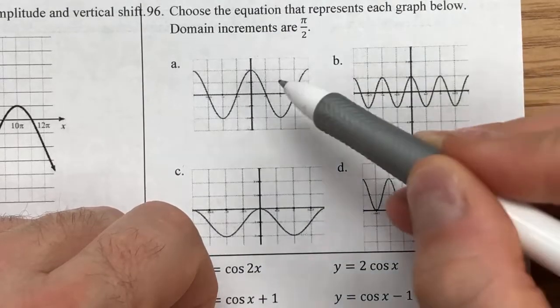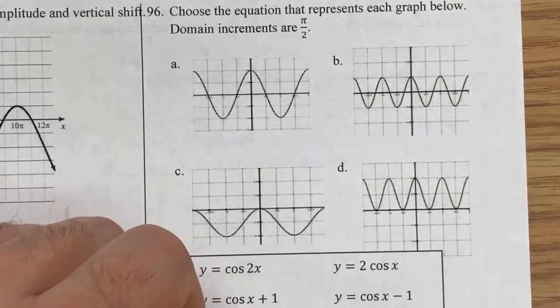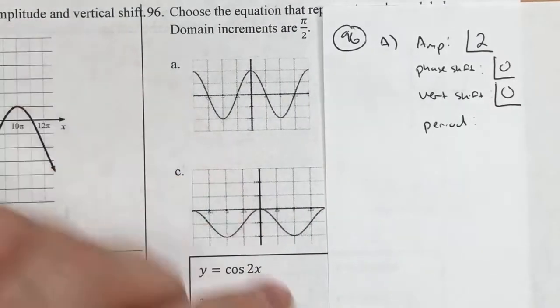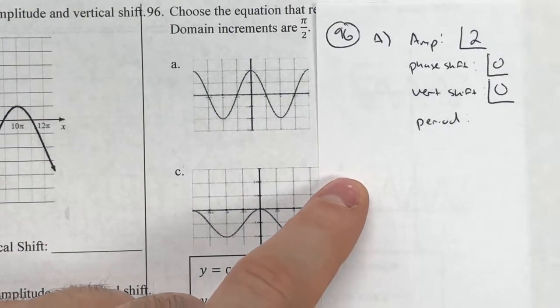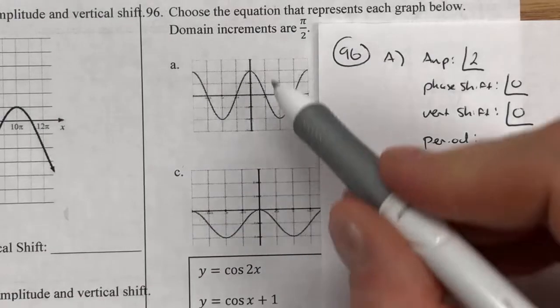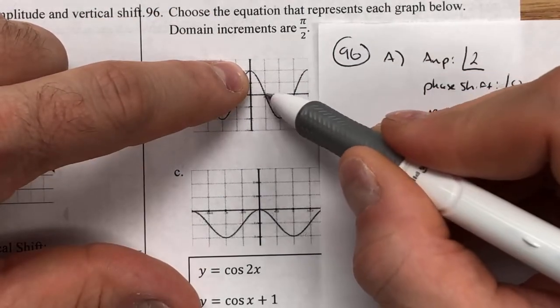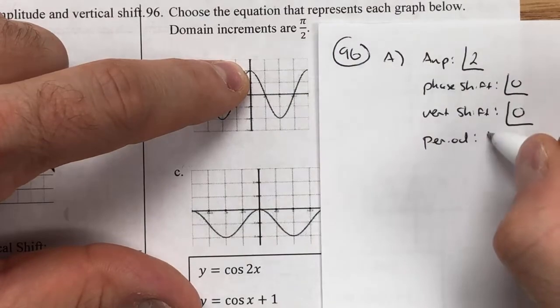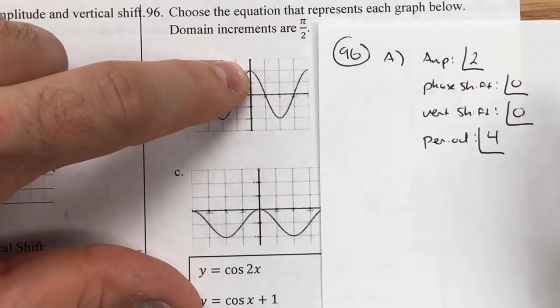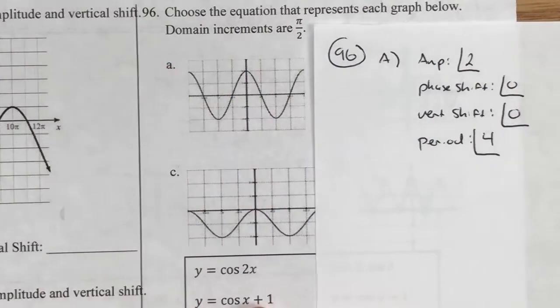So this has a smaller period, this has a larger period. Okay, so what is the period and how do we find it? So to find the period, I need to figure out from peak to peak, how far is that distance? And I have a distance of 1, 2, 3, 4. And so with this information, I can create an equation.